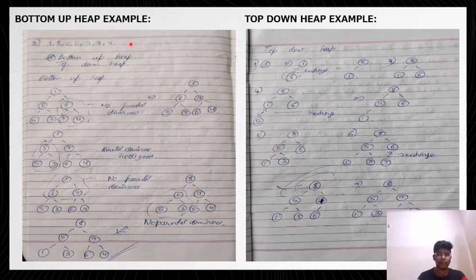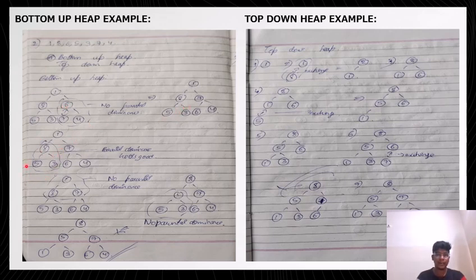In the first, bottom-up heap, first we'll construct the tree by the given elements. Here the given elements are 1, 8, 6, 5, 3, 7, 4. First we'll construct the tree and we'll check the parental dominance. Here the parent node number is lesser than the child node, so we will swap 6 with 7, then we'll get this tree.